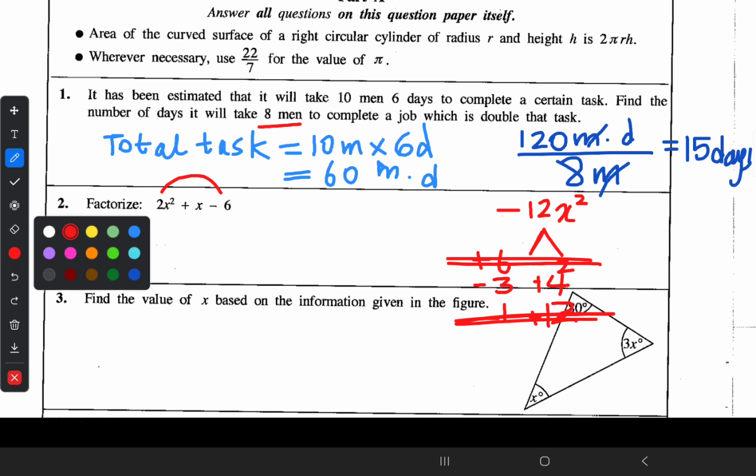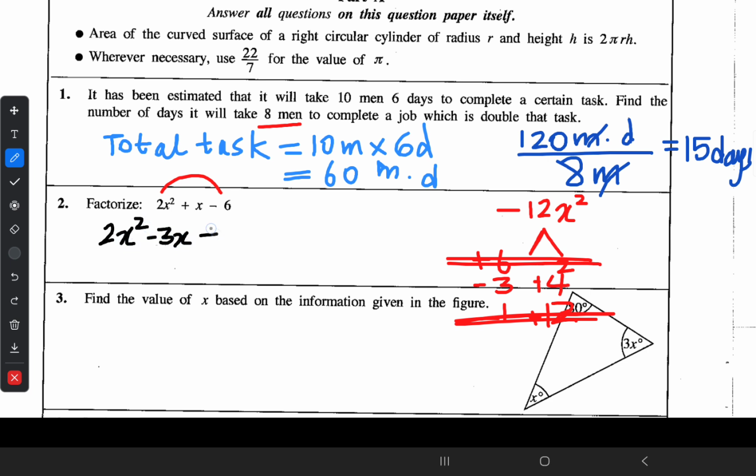So it would be 2x squared minus 3x plus 4x minus 6. You have to select two members and do the binomial factorization. For these two members, we can select x as a common factor. Thereafter, we will have 2x minus 3. In the second set of binomial values, we can select positive 2 as a common factor.